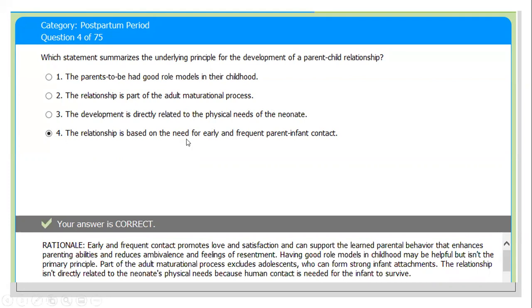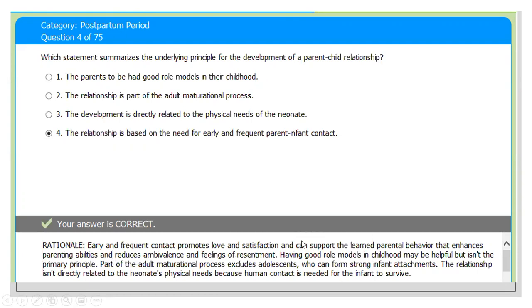The relationship is based on the need for early and frequent parent-infant contact. The rationale said early and frequent contact promotes love and satisfaction and can support learned parental behavior that enhances parenting abilities and reduces ambivalence or feelings of resentment.